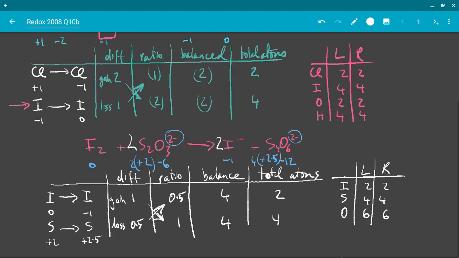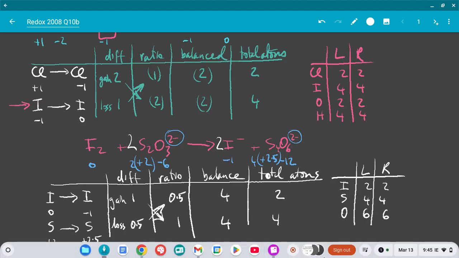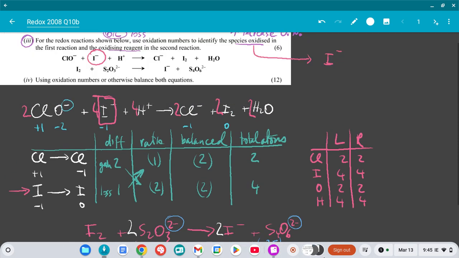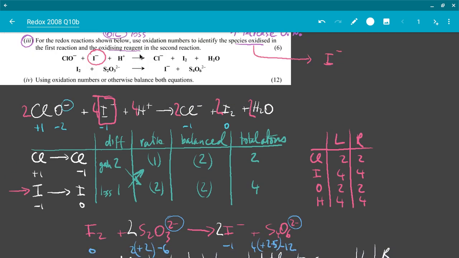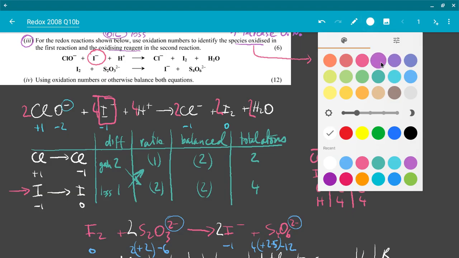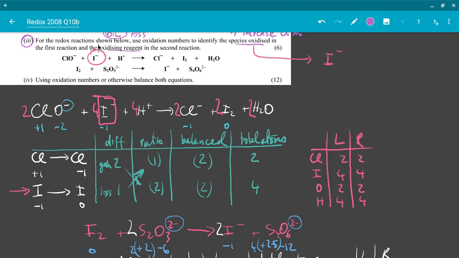Okay. Oh yeah, hang on. Wasn't there one part we need to do? That's why it's worth underlining, just to make us come back for it. We need to use oxidation numbers to identify the species oxidized in the first reaction and the oxidizing reagent in the second reaction.